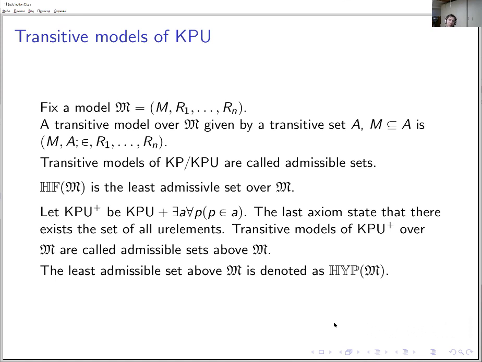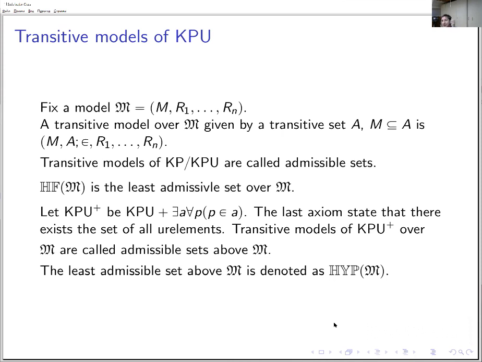If this transitive model satisfies KPU, or in the case of the empty structure KP, then we call it an admissible set. This is just standard terminology.